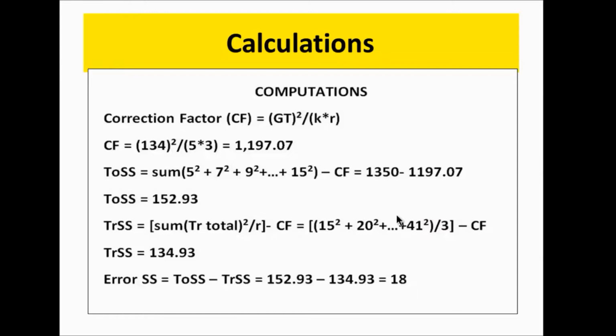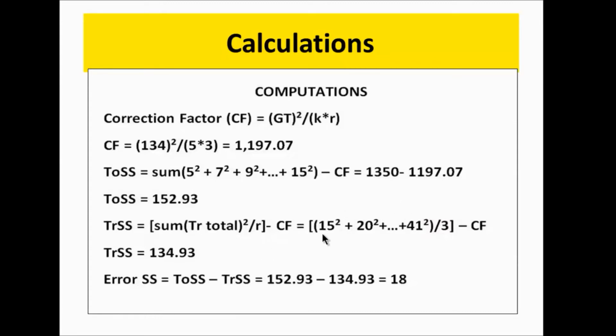So in this case, when we sum up the squares of the values from 5 squared to 15 squared, as seen in the table previously, minus the correction factor, the total sum of squares will be 152.93.